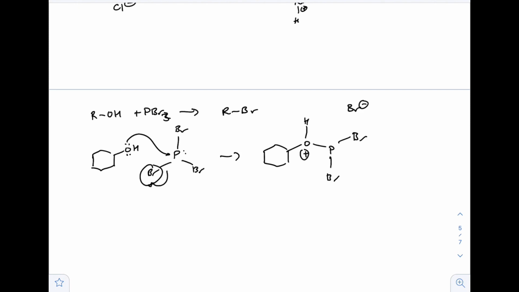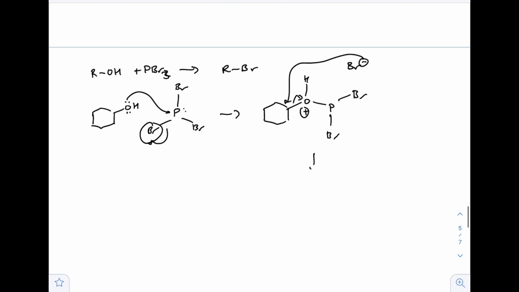And we don't have pyridine present in this one. So what happens is it just kicks it right along, and we get the substitution with our bromine, so we get our alkyl bromide product. Awesome, that's what we wanted. And we also get this HOPBr2, okay?